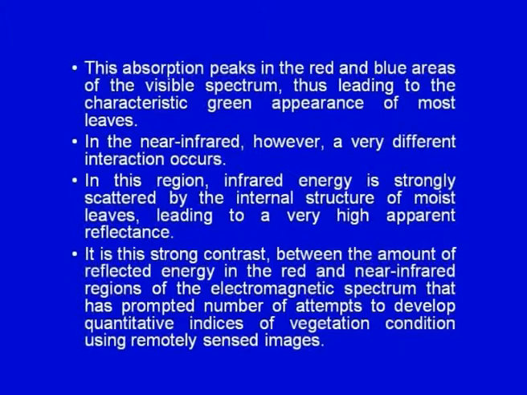In this region, infrared energy is strongly scattered by the internal structure of moist leaves, leading to a very high apparent reflectance. It is this strong contrast between the amount of reflected energy in the red and near infrared regions of the electromagnetic spectrum that has prompted a number of attempts to develop quantitative indices of vegetation condition using remotely sensed images.